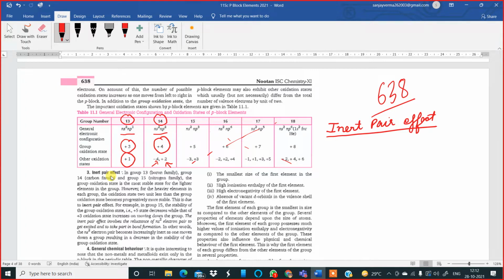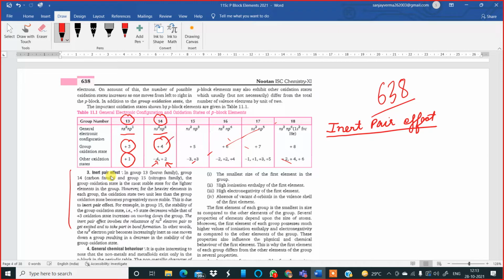Now, on the basis of this very simple definition of the inert pair effect, let us look at this paragraph. In group 13 elements, the boron family, group 14 and group 15, the nitrogen family, the group oxidation state is the most stable state for the lighter elements in the group. However, if you move down, for the heavy elements in the group, the oxidation state is 2 units less than the group oxidation number.